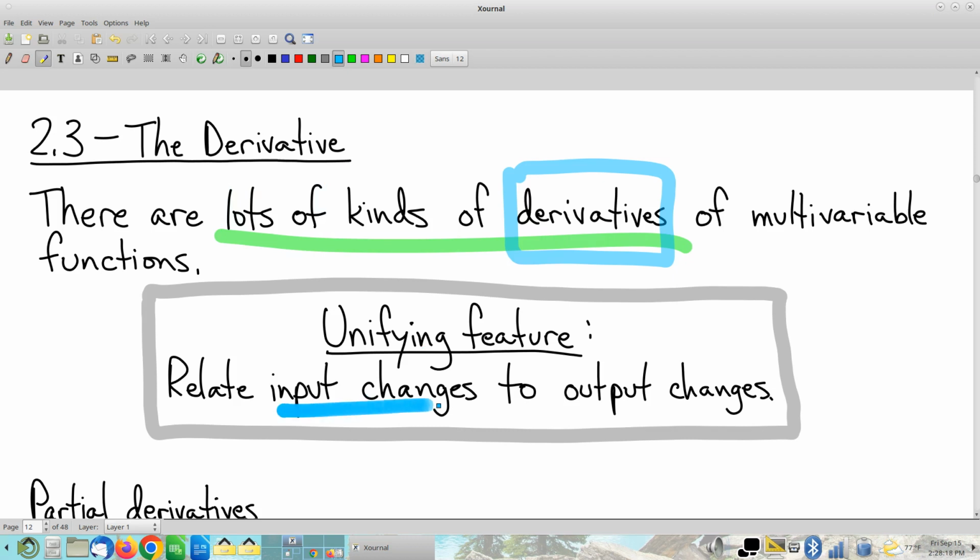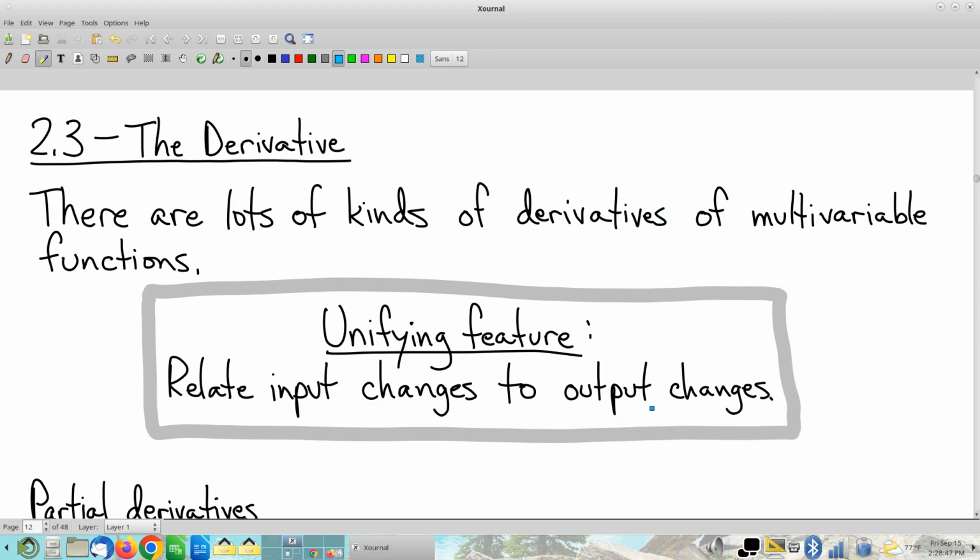They relate input changes to output changes in their different ways. All the derivatives we're going to talk about, and every interpretation you have of derivative in a single variable context, in their different ways, relate input changes and output changes. So that's just a broad stroke foreshadowing, something to keep in mind as we move through this chapter.